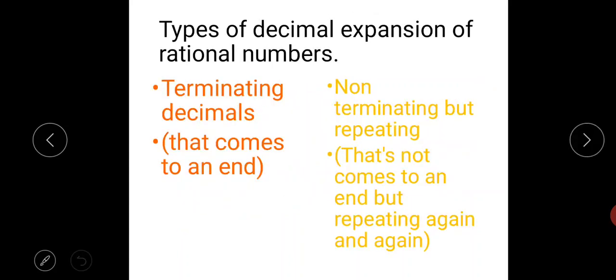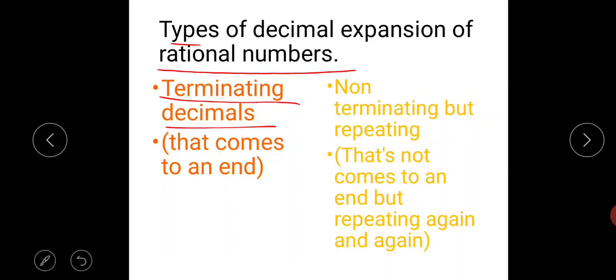Before using the method long division, we have to know types of decimal expansions of rational numbers. Means when we represent any rational numbers into decimals, there are two types. First one is terminating decimals.